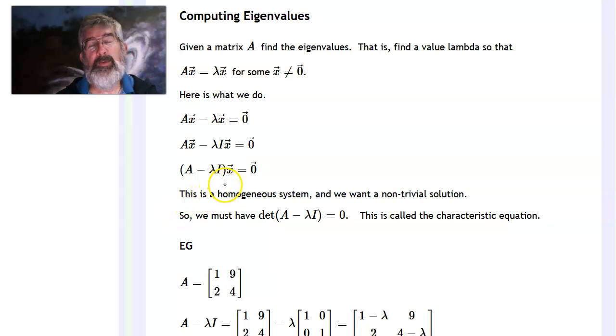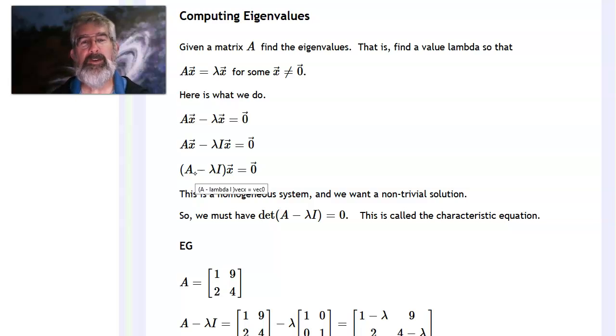This is something we've been dealing with all quarter. This is a homogeneous system of n equations and n unknowns. And we want a non-trivial solution, right? Sure, x equals the 0 vector works, but is there something non-zero that works? Well, we know that if this matrix, A minus lambda I, is invertible, then there's only the trivial solution.